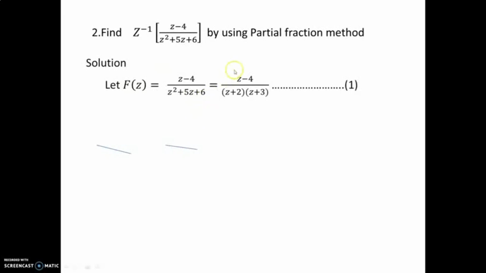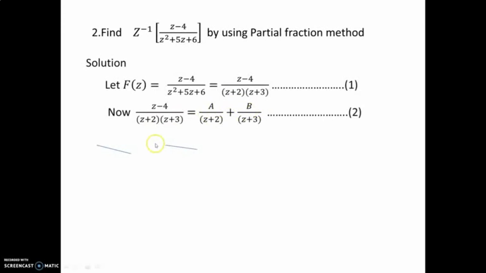So, we can apply the partial fraction method to find the inverse z transform of the given function f of z. Here the degree of denominator is 2. There are two arbitrary constants, say capital A and capital B, and also these two factors are linear. Therefore, the partial fraction split is capital A by z plus 2 plus capital B by z plus 3.